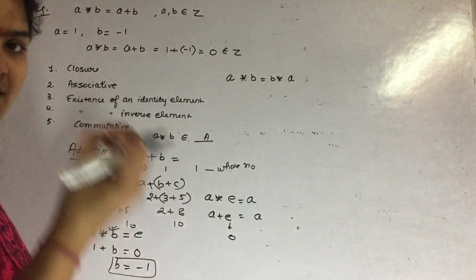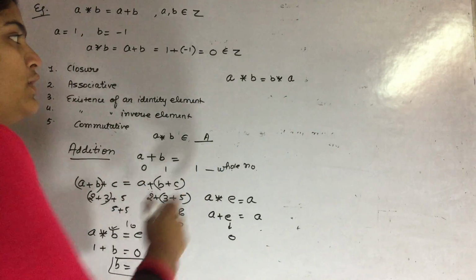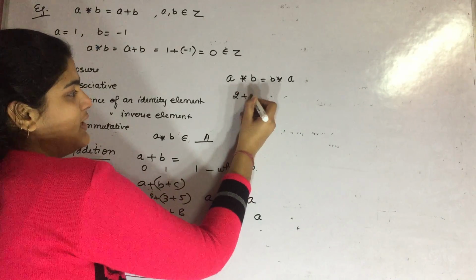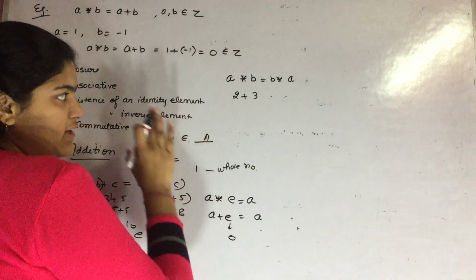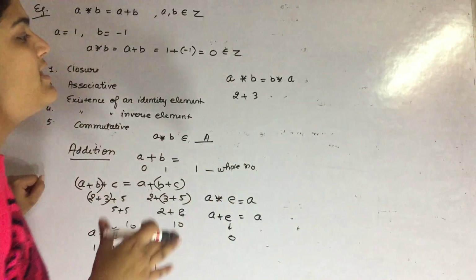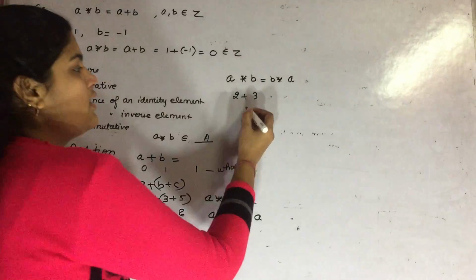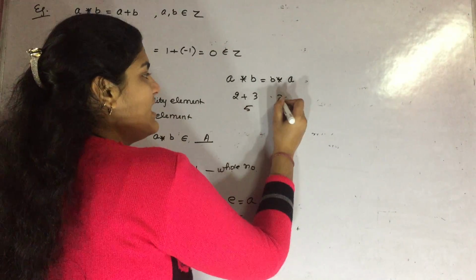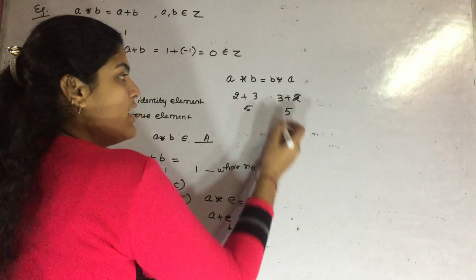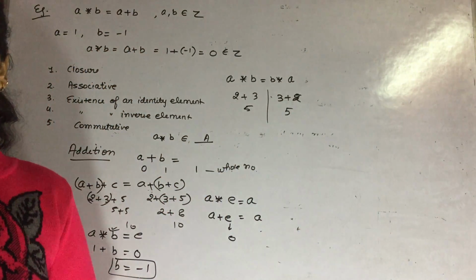I am just taking a scenario over the addition. So for A and B, let us suppose your 2 plus 3. Okay, you are taking two numbers, two integers, two natural numbers or whatever else, 2 plus 3. You will get 5. And again if you change the order, 3 plus 2, what will you get? Again 5. So this holds the commutativity.